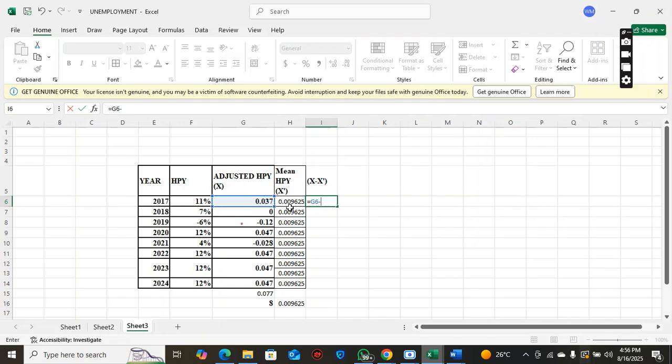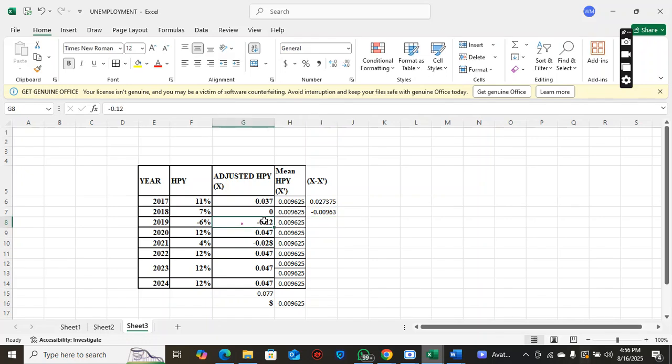So 0.0037 minus 0.009625, get this. 0 minus 0.009625, get that. Each value, we are subtracting it with the mean.